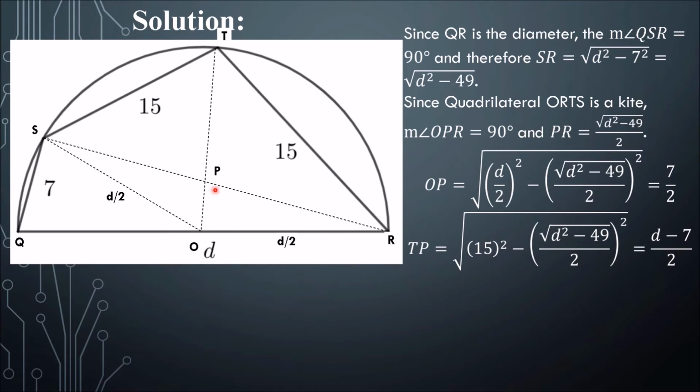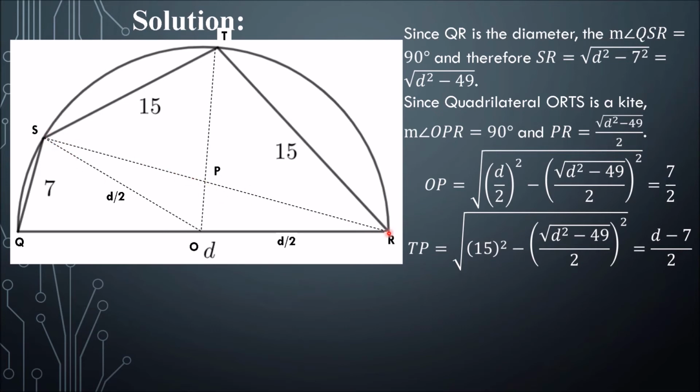So that must be 90. And PR, this one, is equal to the square root of D squared minus 49. So PR is congruent to SP. That's another characteristic of a kite.